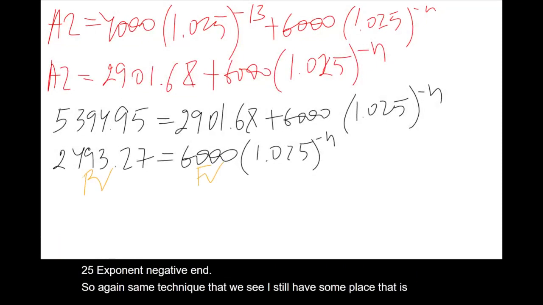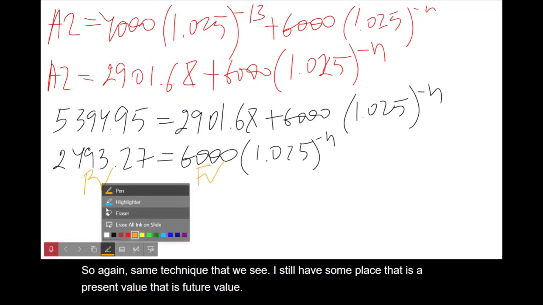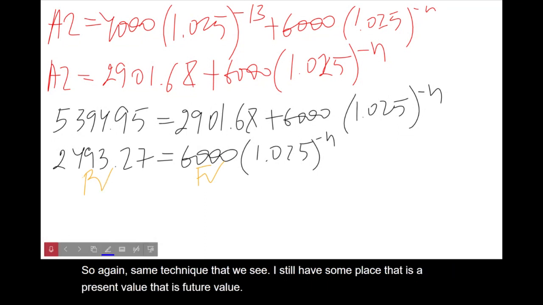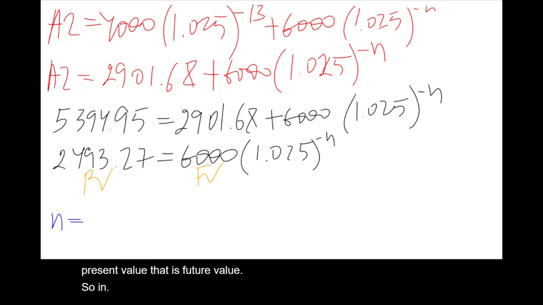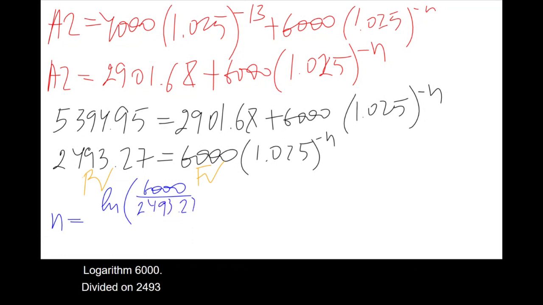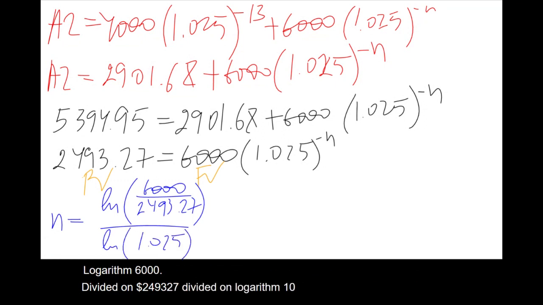That is future value. So n will be logarithm of 6,000 divided by 2,493.27, divided by logarithm of 1.025.